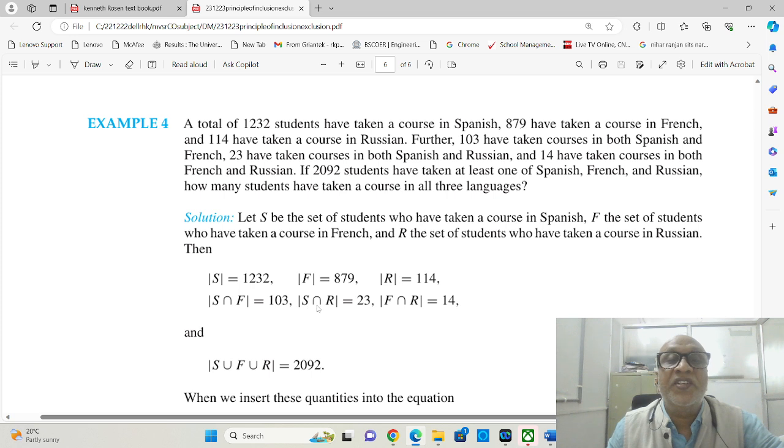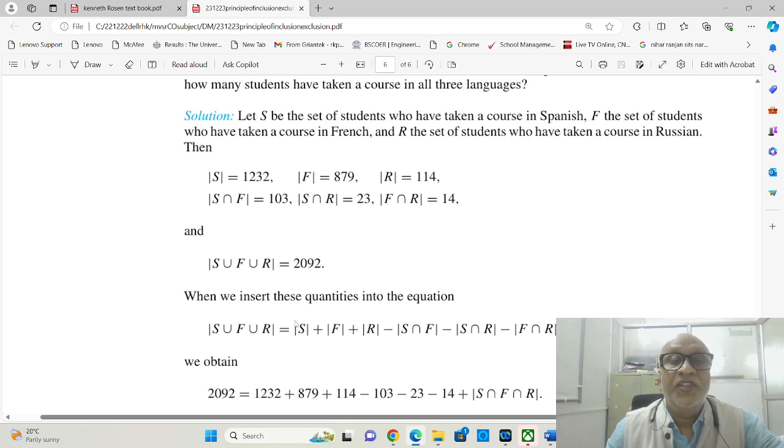So that will be S intersection R. There are 14 students who have taken both French and Russian. So F intersection R is equal to 14. So how many students have taken a course in all the 3 languages, which you have to find out? Which are those 3 languages? Spanish, French and Russian.